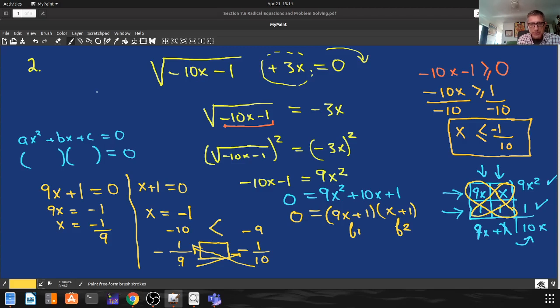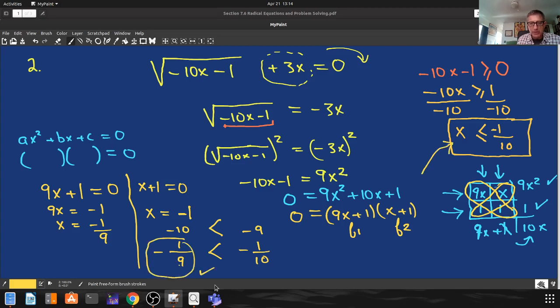So that tells me the answer to my question. It tells me that minus 1/9 is less than minus 1/10. So this value of x satisfies this criteria.